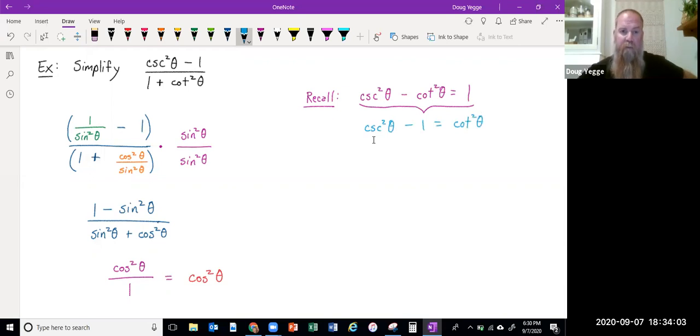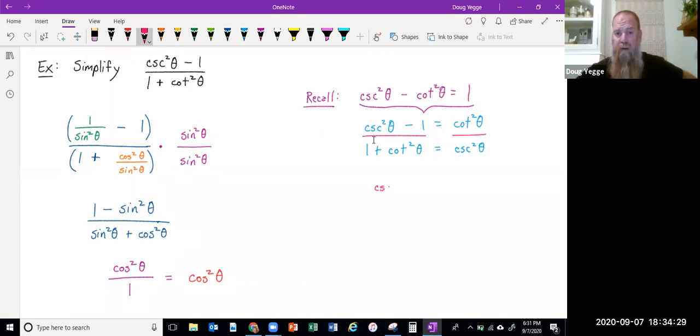And I could also manipulate it so that I see 1 plus cotangent squared theta, which is the denominator. 1 plus cotangent squared theta is the same thing as cosecant squared theta. So perhaps right at the beginning, you noticed that the numerator and the denominator can separately be reduced to cotangent squared theta and cosecant squared theta respectively.